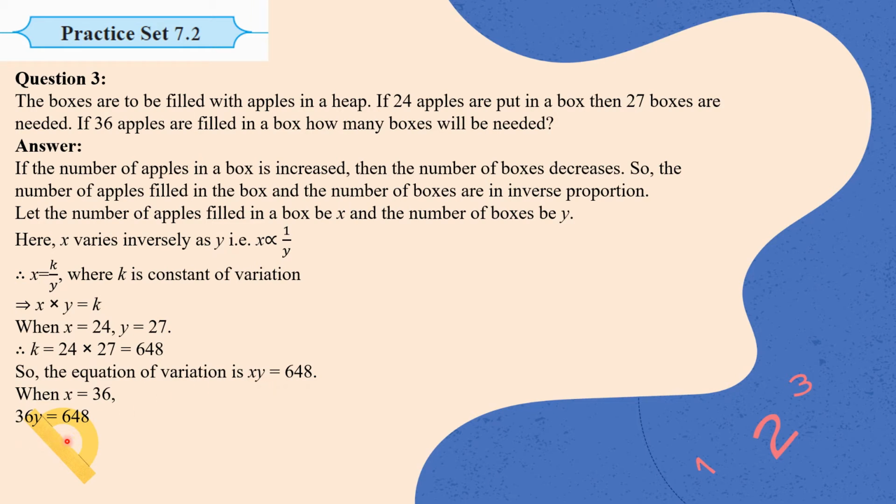Divide both the sides by 36 and you'll get y is equal to 648 upon 36, which is 18. So 18 such boxes will be needed. That means if you fill 36 apples in one box, you will require 18 such boxes to fill all of the apples.